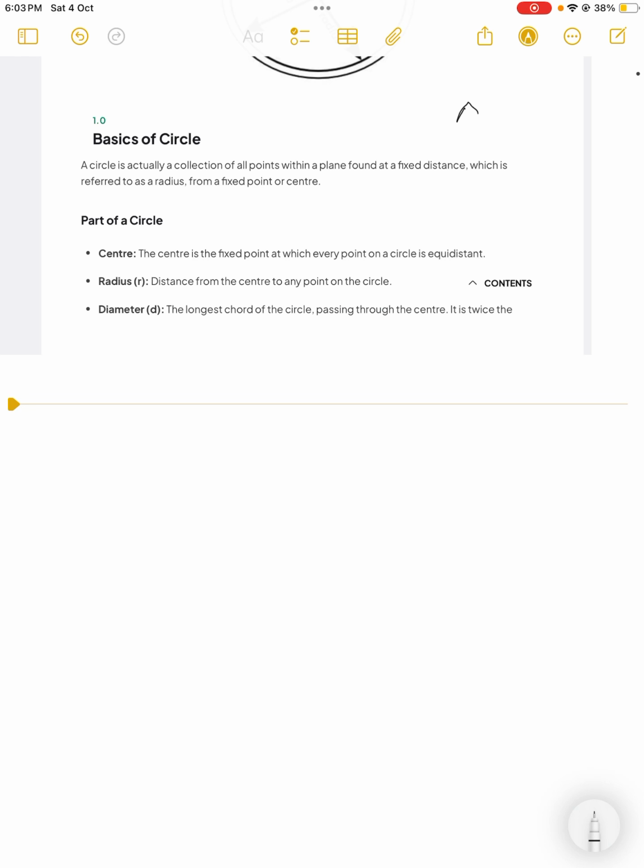A collection of points moving in a plane at a fixed distance to these points.